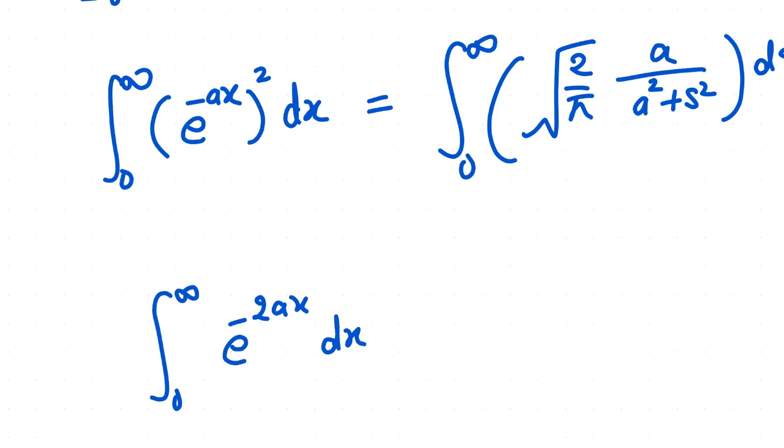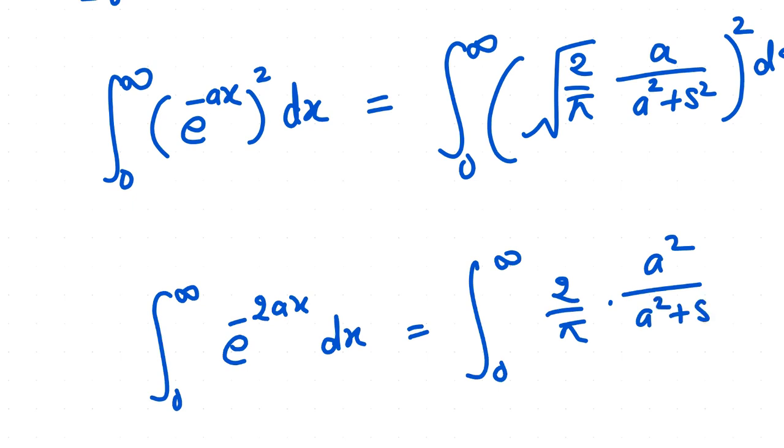And as we have the square of this entire term, obviously we will have 2 by pi outside of the square root, and a square over a square plus s square whole square, ds.